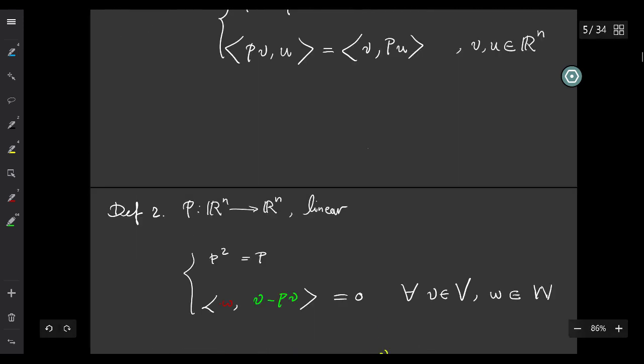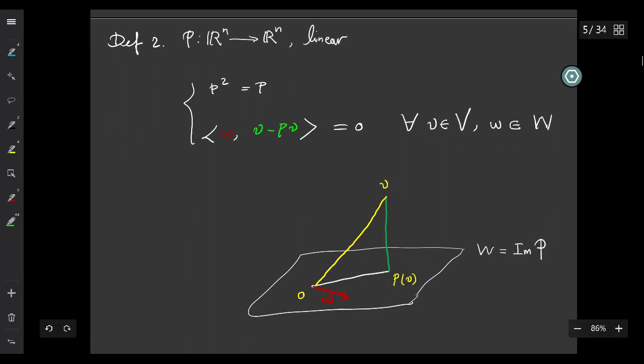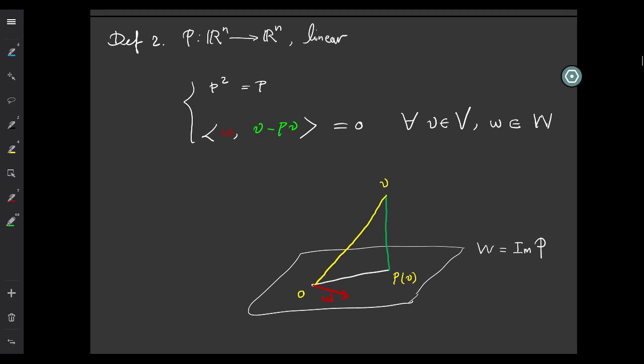So this is not very intuitive. Let me say another intuitive definition about orthogonal projection. What we want is that the green part, if we have V, and if we want an orthogonal projection, we demand that this green part is orthogonal to the plane. That means that any W that we take in the plane is actually orthogonal to this green bit here.